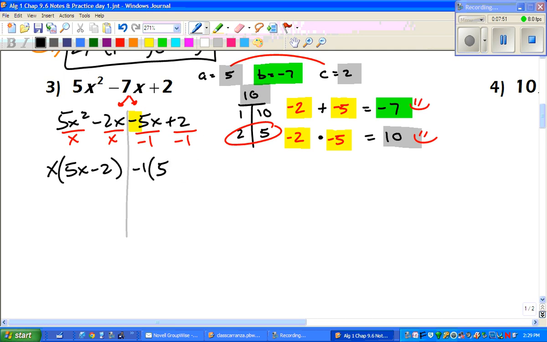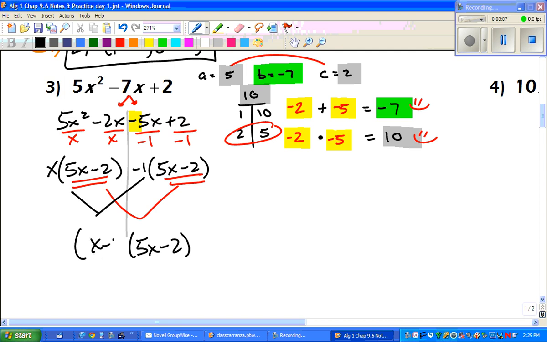And when we do that, we get 5x minus 2. And that's good now because our check right here to make sure we did it right, those guys match up. So we have 5x minus 2, x minus 1.